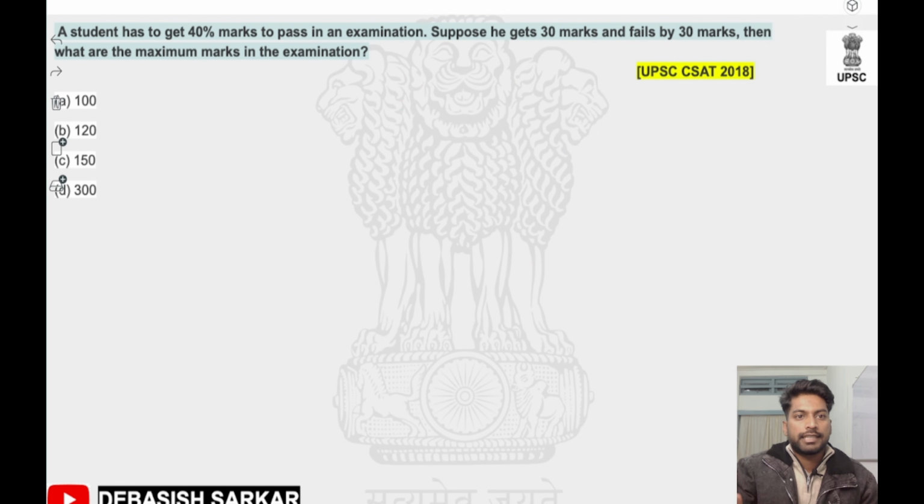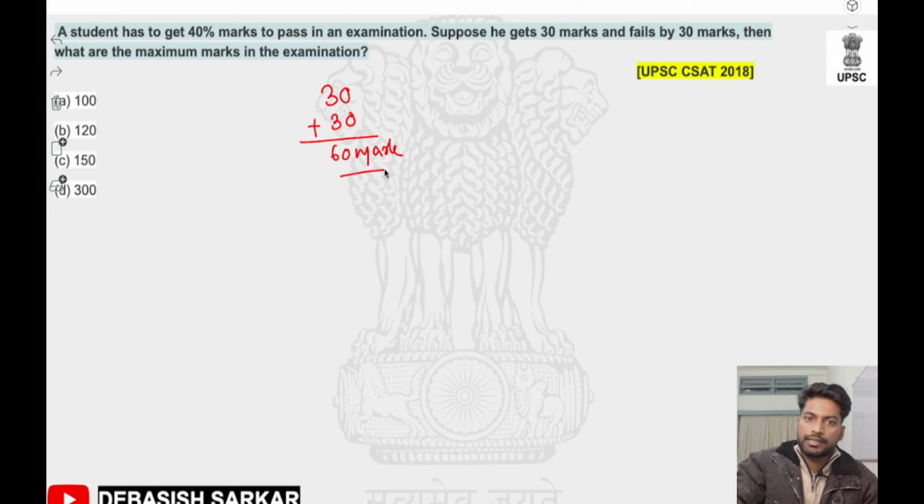A student has to get 40% marks to pass in an examination. Suppose he got 30 marks and failed by 30 marks. अब देखो, किसी को ना 30 marks मिला है and failed by 30 marks, it means the passing mark will be 60.